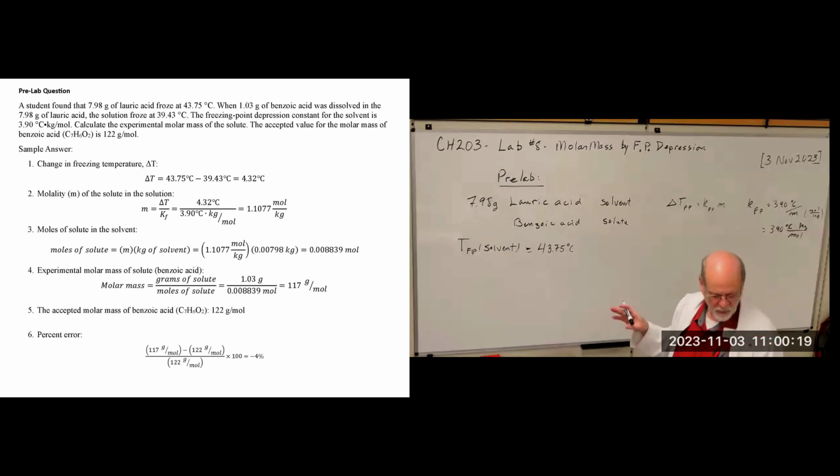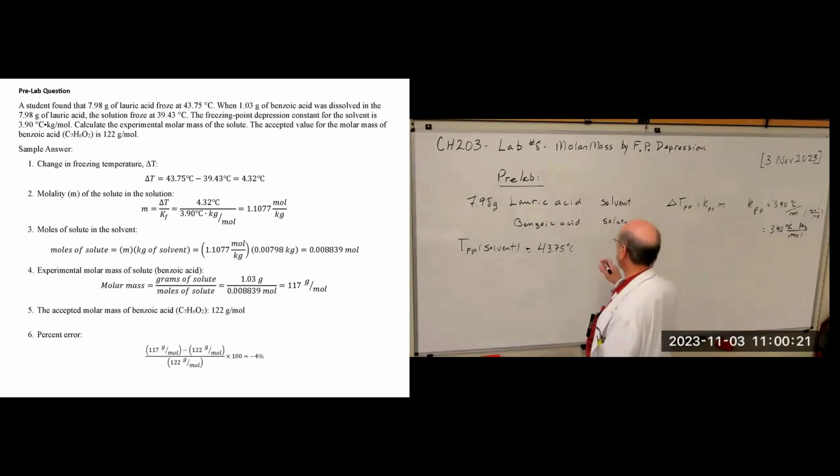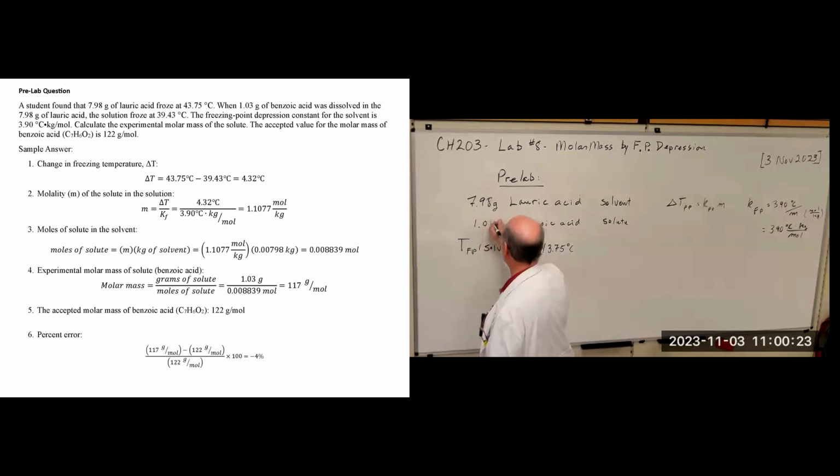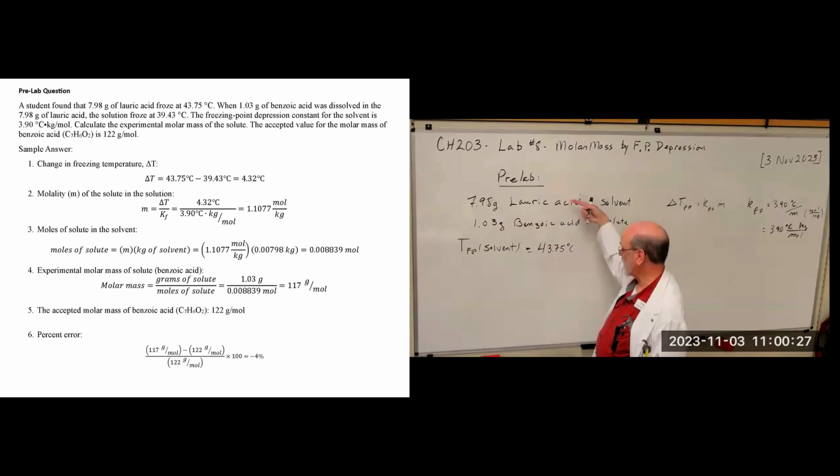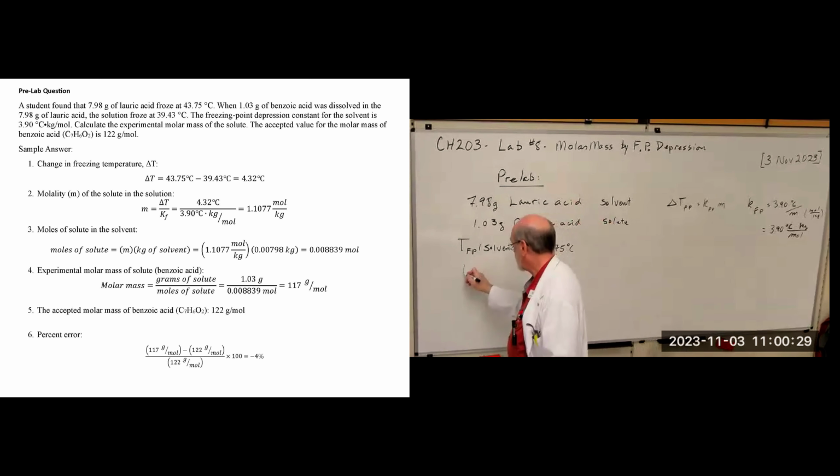We dissolve 1.03 grams of benzoic acid in that lauric acid. Now, the freezing point of the mixture has changed.